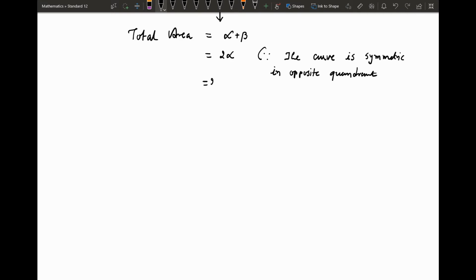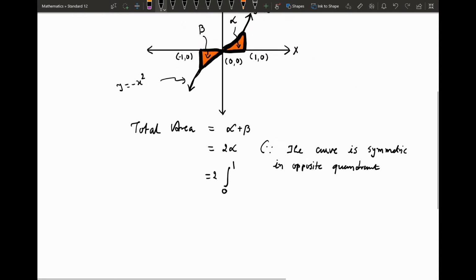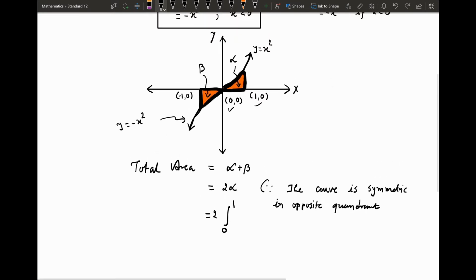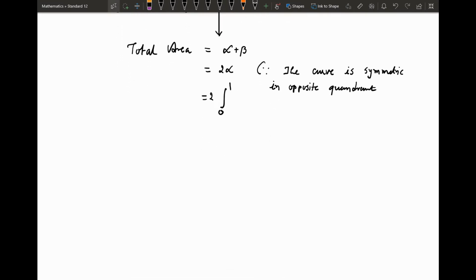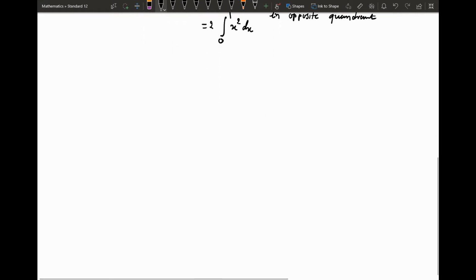For alpha, the limit will be 0 to 1 and the curve will be y equal to x square. So integral of y, that is x square, dx.